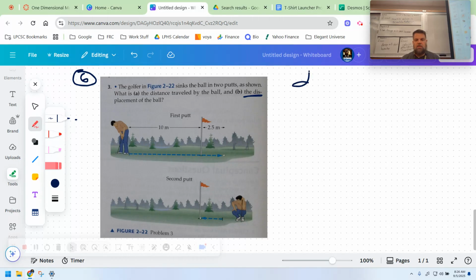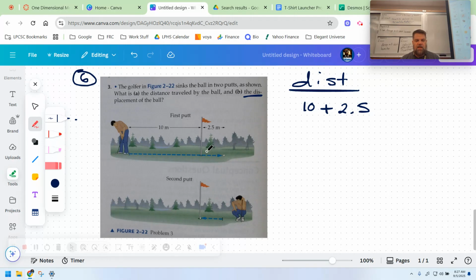Okay, so the distance, really what's going on is you go 10 meters this way plus another 2.5, right? So it says sinks the ball in 2 putts.